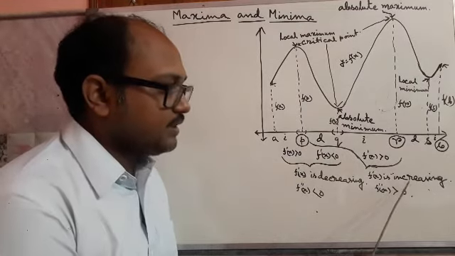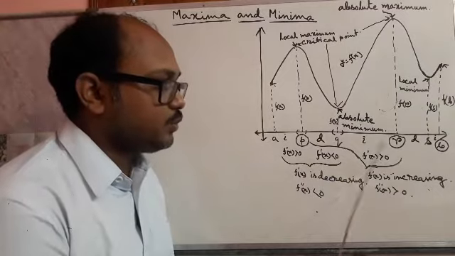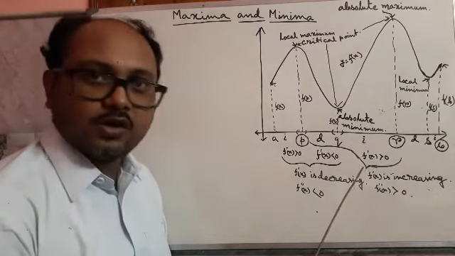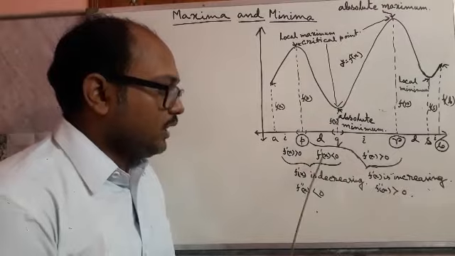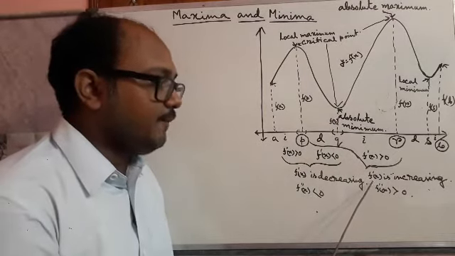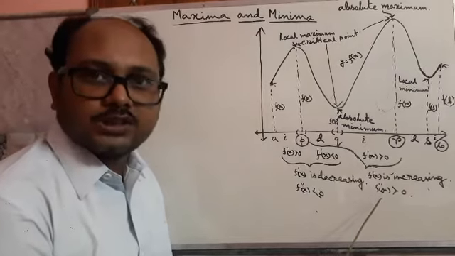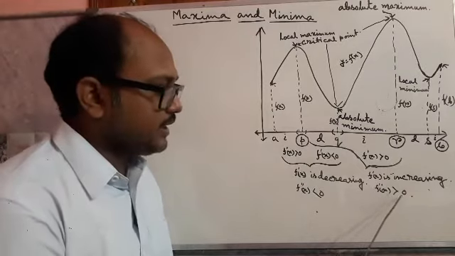If f dash x is not increasing, then how will it become positive in this portion q to r? So ultimately f dash x is increasing, that means if we again do the derivative of this f dash x, it will be positive. So f double dash x greater than 0.